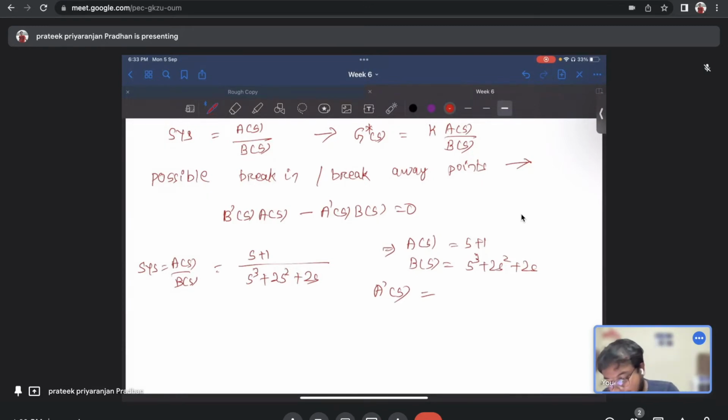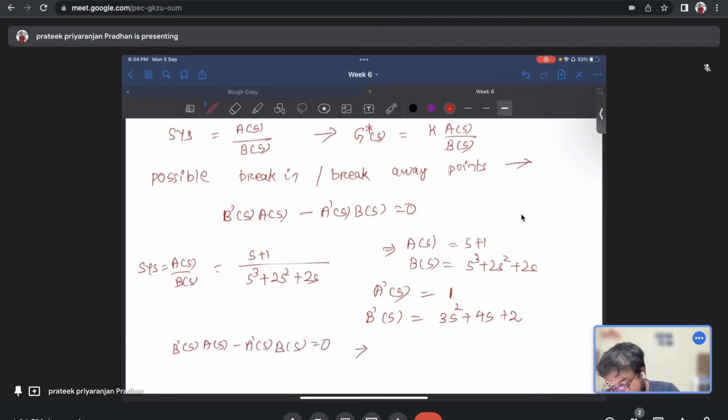Continue the question. So A dash of S will be 1, simple, because A of S is S with respect to S. So what is my B dash of S? 3S square plus 4S plus 2. Okay, that means B dash of S into A of S minus A dash of S into B of S is equal to 0.